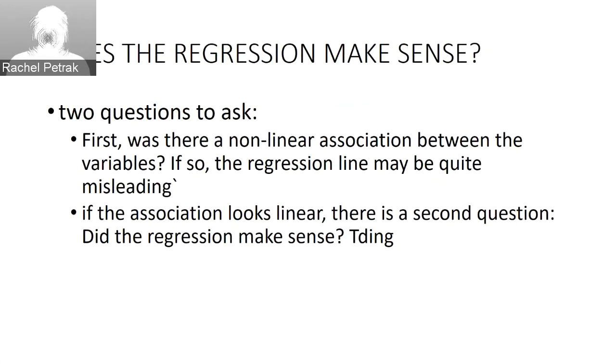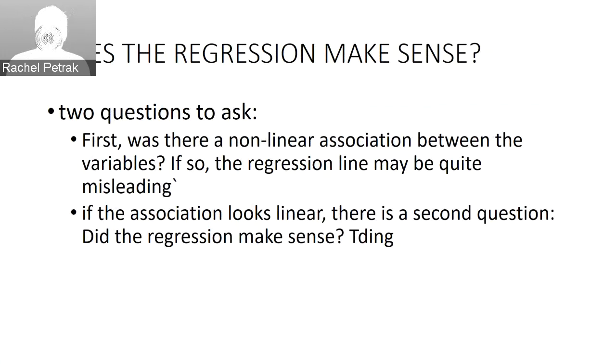For example, if there's a nonlinear association between the variables, which you can see from looking at the scatter plot, then the regression line may be quite misleading, and you can't use the regression line to make your predictions. You would use, again, a different set of techniques to deal with nonlinear association.